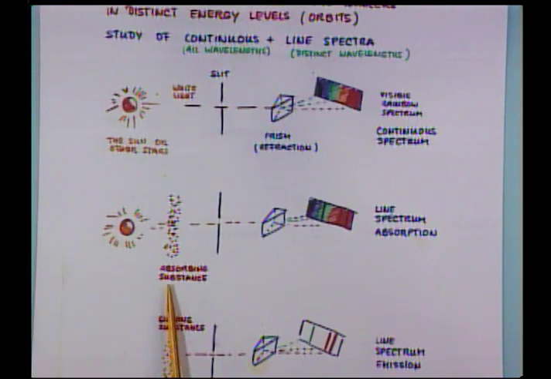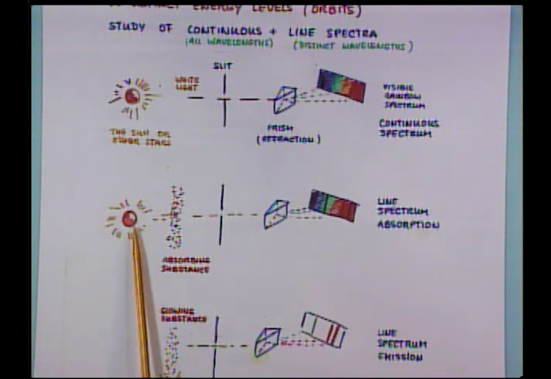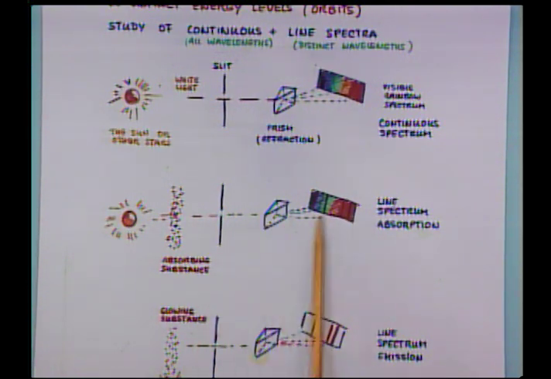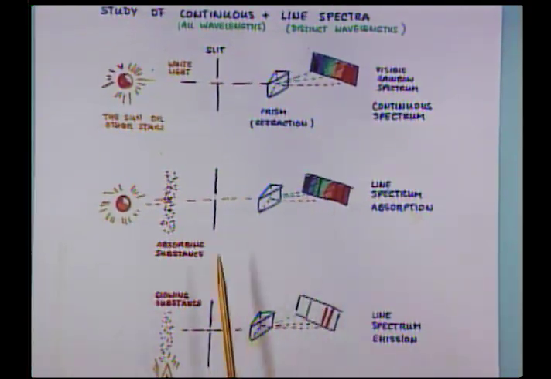Below here, we have what we call an absorption spectrum. That means some material is between the light source and the detector mechanism, which is our prism and our screen.